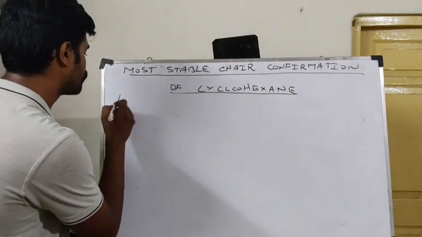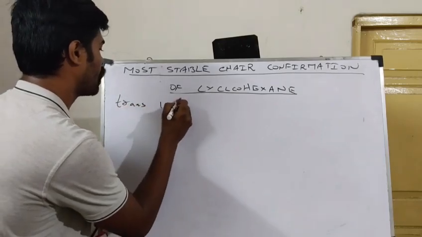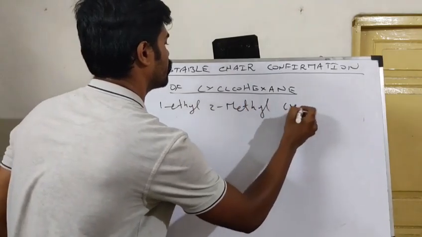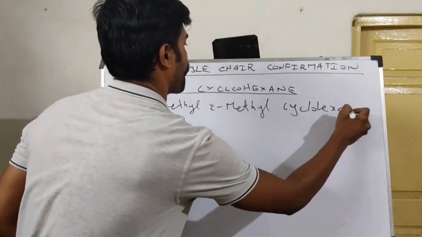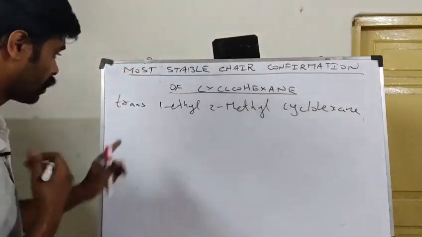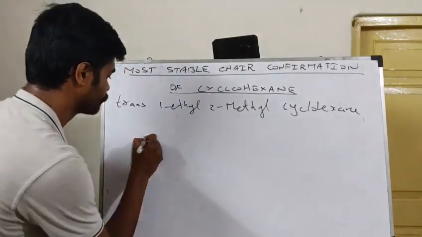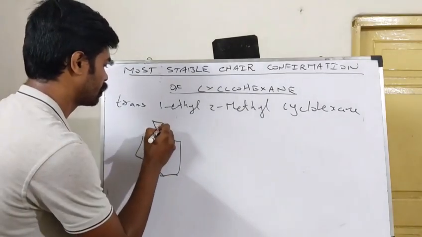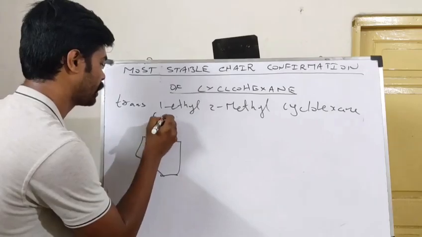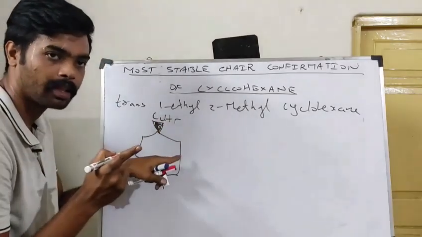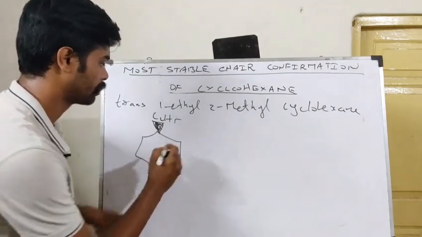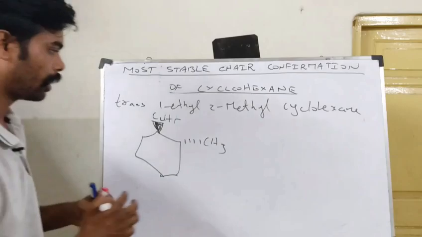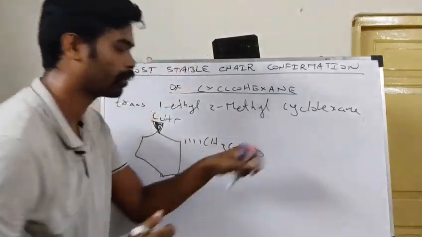So I am going to take trans 1 ethyl 2 methyl cyclohexane, right? Okay, so let me draw the planar structure first. Say I put the ethyl group to be pointing away, so definitely it is trans, the methyl group should be pointing towards you. Very simple, right? Now we'll try to incorporate it into the chair form.